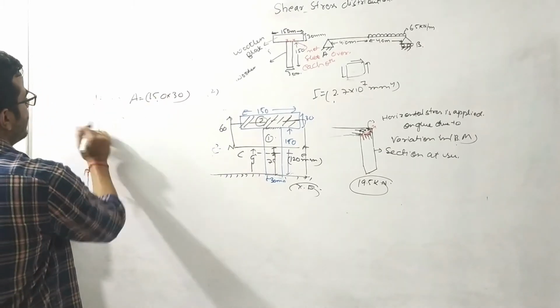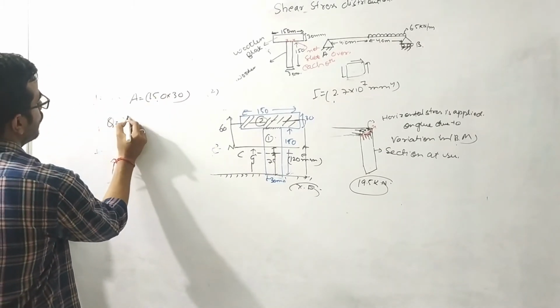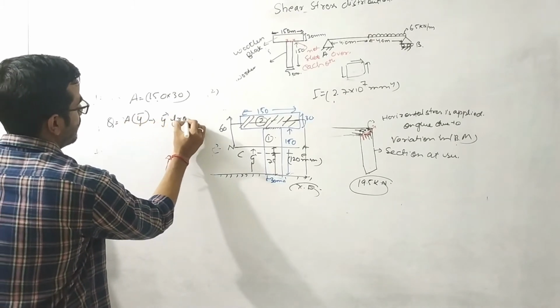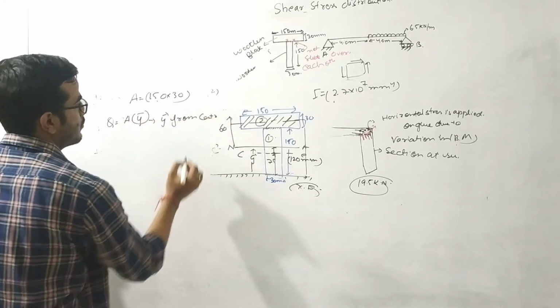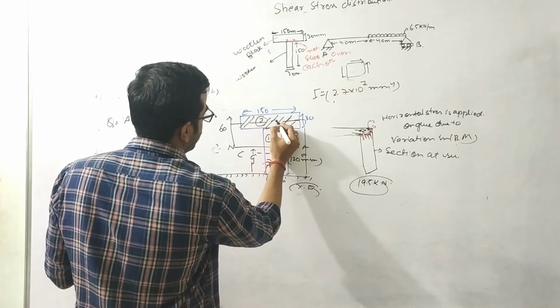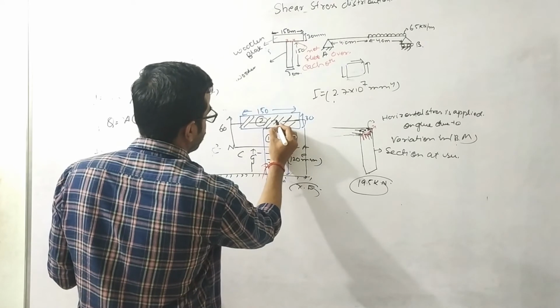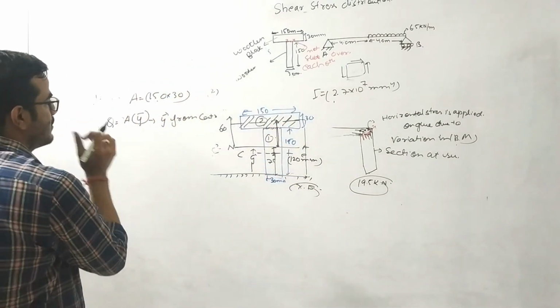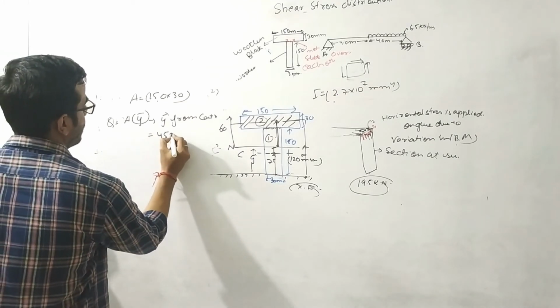Q equals A into y bar, where y bar is from the centroidal axis. Y bar is the centroid of this portion. Area of this portion is this, so the centroid of this portion from the centroidal axis we have already calculated. It is 45 mm.